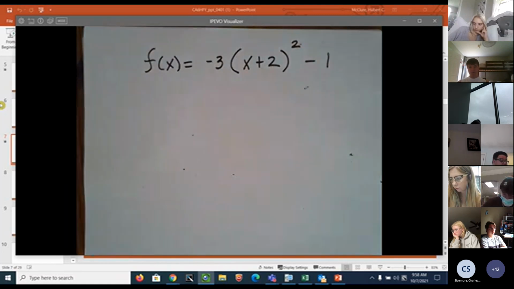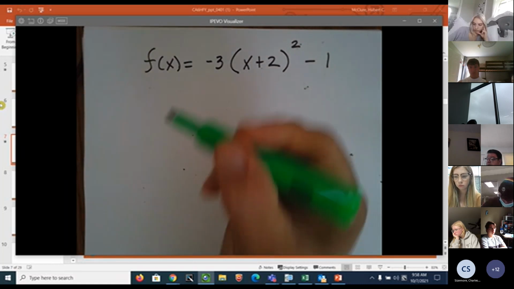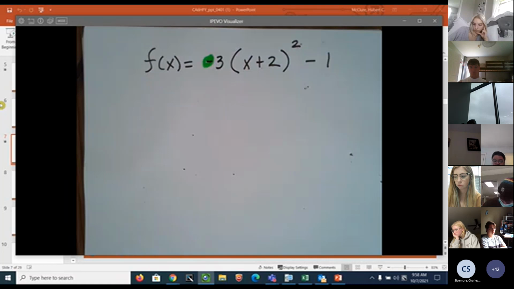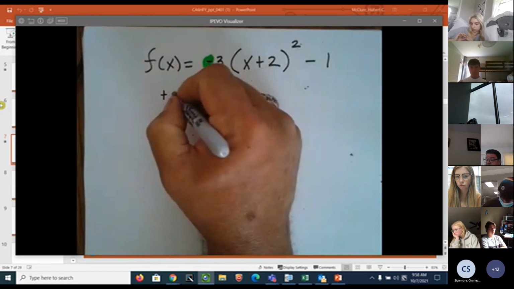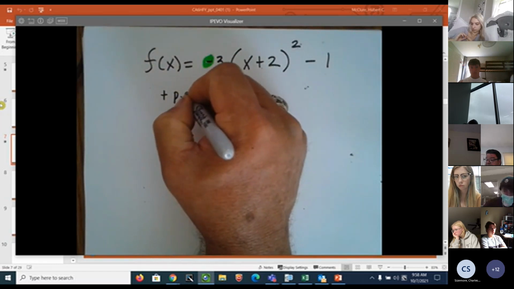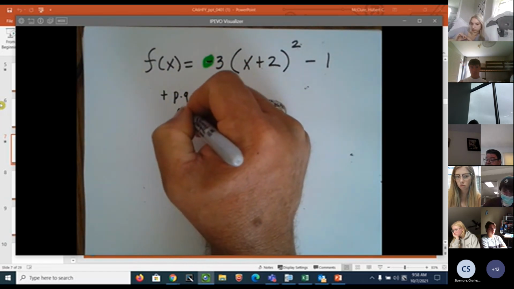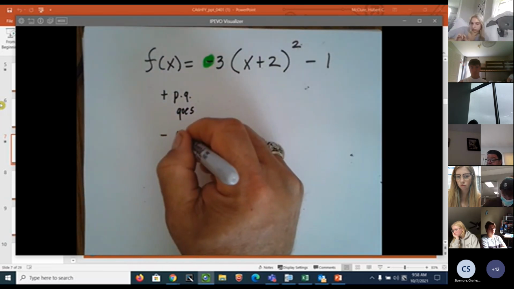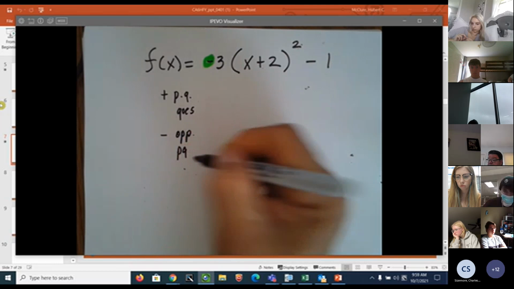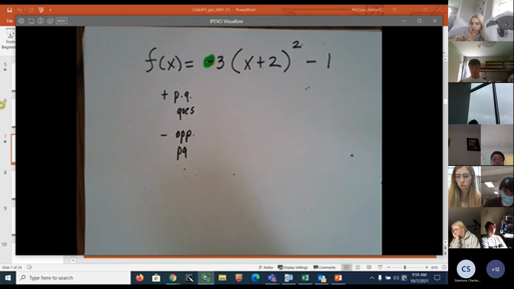The negative tells you if it's going the way the parent graph usually goes. If it's positive, it's the way the parent graph goes. If it's negative, it goes the opposite of the parent graph. So that's what the negative or the positive tells you in front of the A.